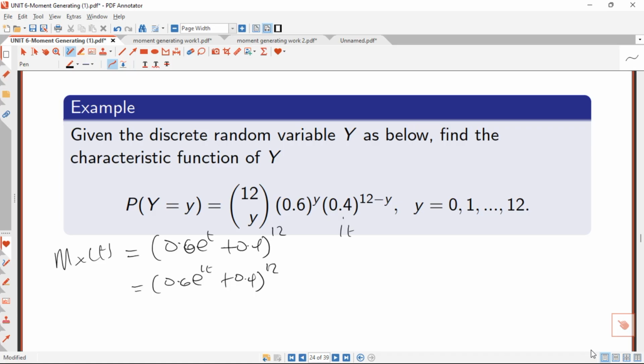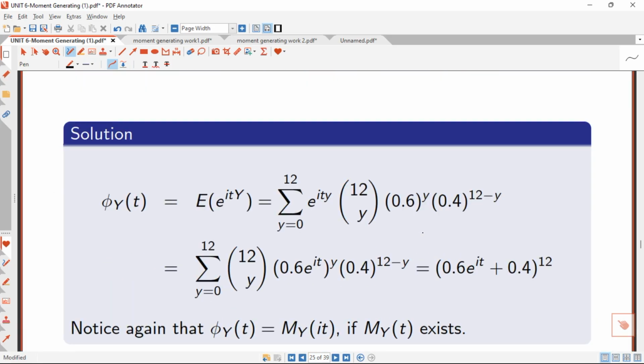But let's follow the normal procedure to get the characteristics function, for you to really better your understanding. So let's dive into the solution. We are also going to sum from 0 to 12 of e raised to the power ity times the function, and the function that we have here is 12 combination y times 0.6 raised to the power y times 0.4 raised to the power 12 minus y.